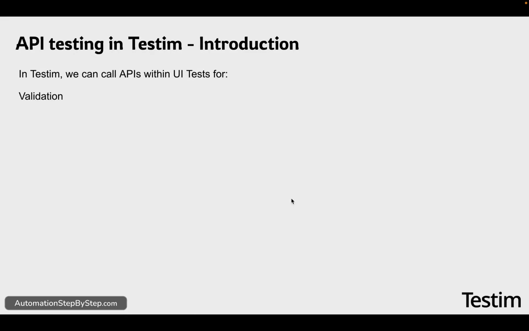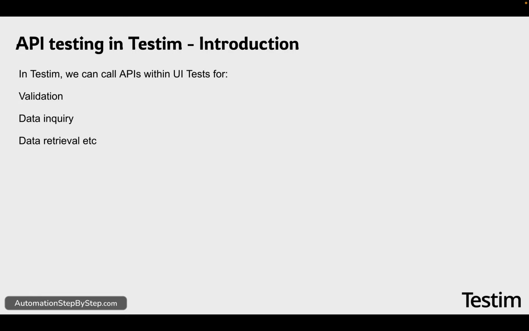So in general, we use API steps or API tests within our UI steps for validation. So whenever we have to validate something, maybe from the backend or from the server, from database, we can use APIs. We can also do data inquiry and check that, okay, after doing some UI steps, if this is the data present, or we can do some kind of a data inquiry and also data retrieval.